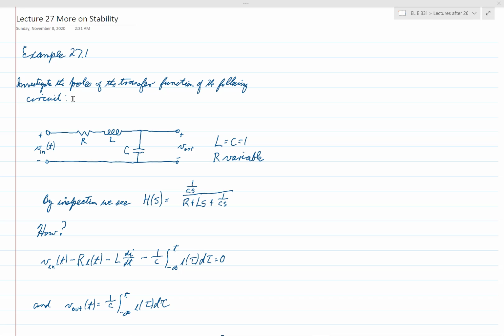We have not used that terminology before about poles, but what we're talking about is, if you have the transfer function of a system, and in fact, let me go all the way to the end of this lecture.